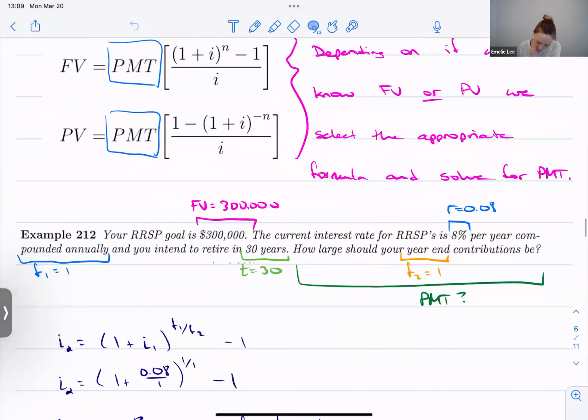So here we were given the future value and we had to solve for the payment amount. In this next one, I want to give you the present value and you have to solve for the payment amount.